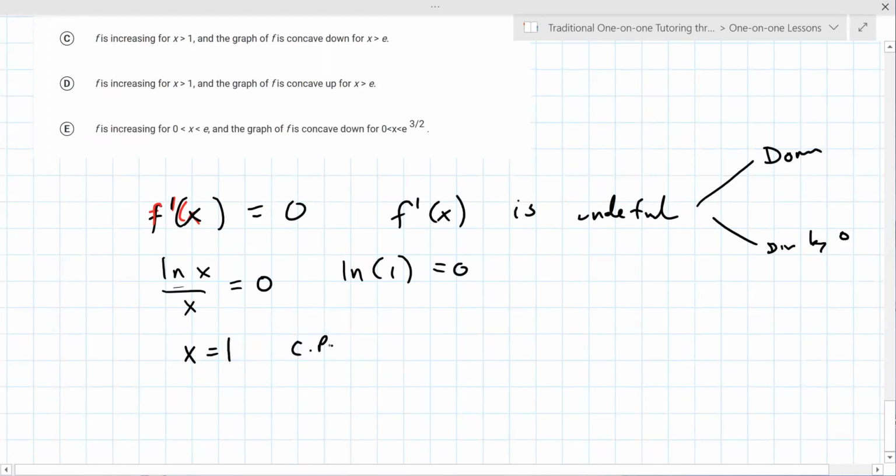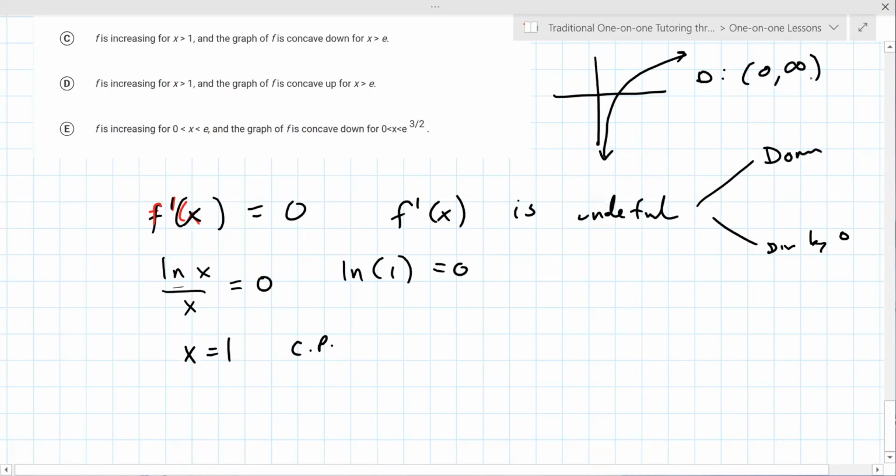But you also need to know when the derivative is undefined. So let's look at the domain. Do you remember the domain of natural log? Natural log looks like this, so its domain is from 0 to infinity.